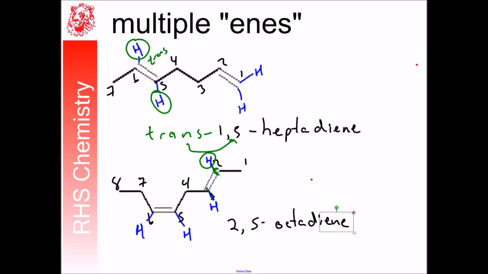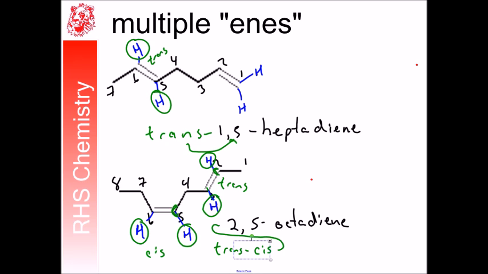Out of this hydrogen and that whole beast, the hydrogen is the smallest one, and so it's going to be trans. And then over here, I'm looking at this carbon right here. I've got that whole nastiness and a little hydrogen, so that hydrogen is the smallest one. The two small ones are on the same side, so this is cis. And so it's going to be trans, cis, 2,5-octadiene.